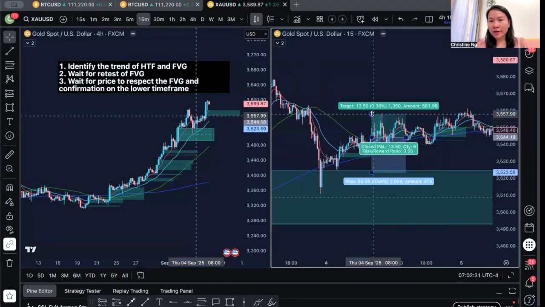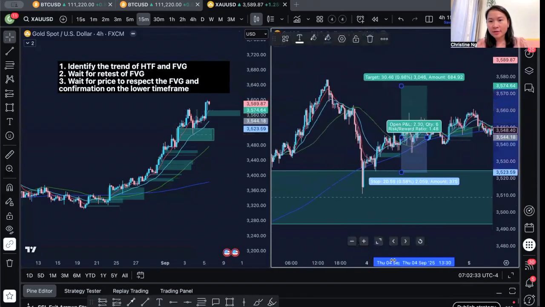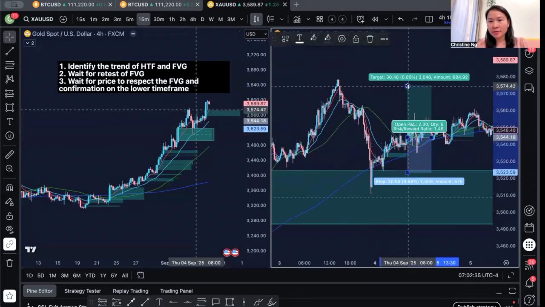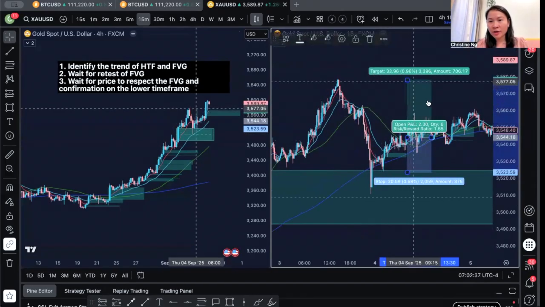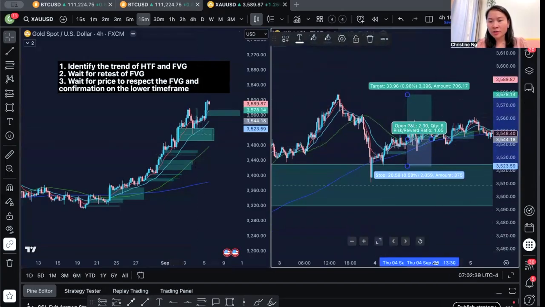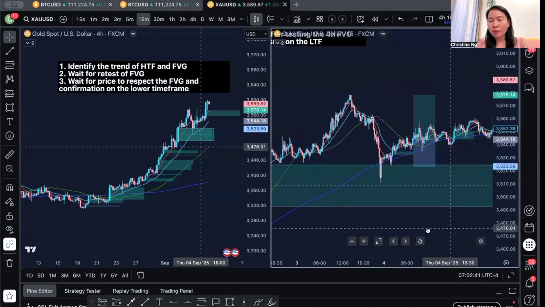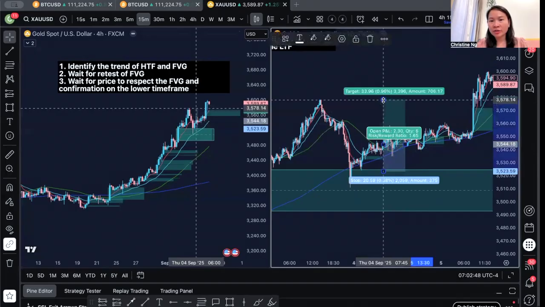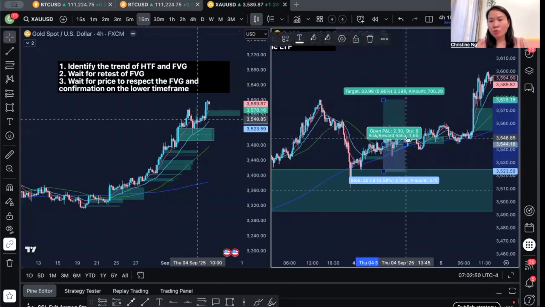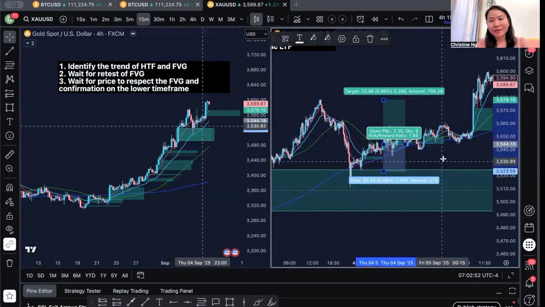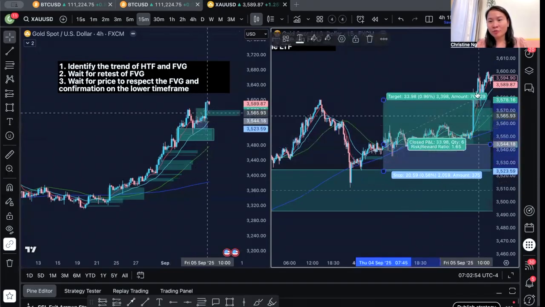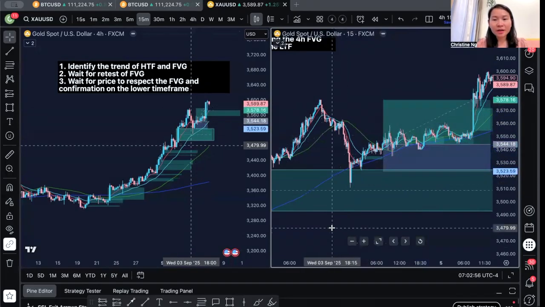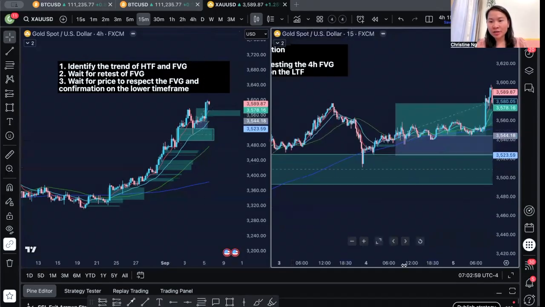And also I can target maybe the recent high here, or just target 1 to 1.5 or 1:2. So over here, if I just target the recent high here, that will be a 1:1.65 ratio, and that would be a winning trade. So this is the strategy in a gist.